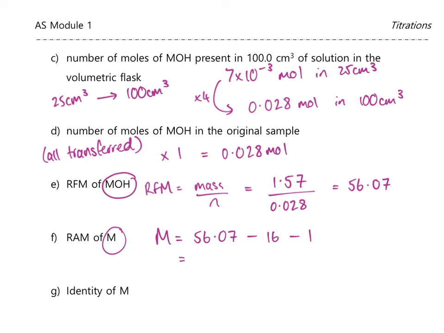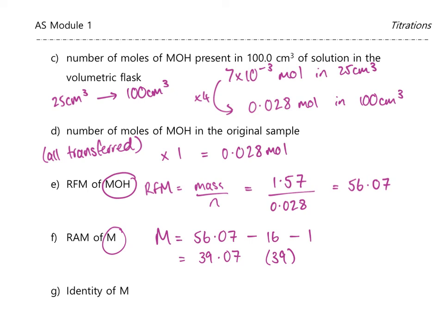So 56.07 minus 16 minus 1 should give you 39.07. And that is roughly 39. The relative atomic masses on your periodic table are just generally whole numbers apart from chlorine, and so you can round that off to 39 to try and help you find the identity of that.